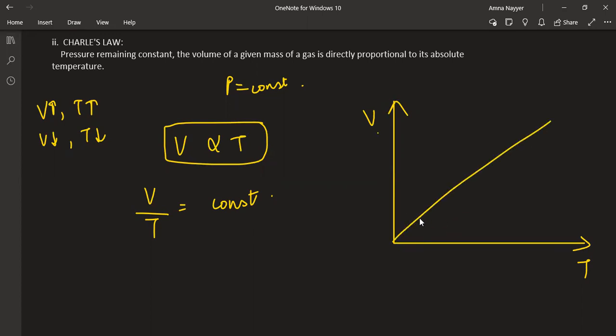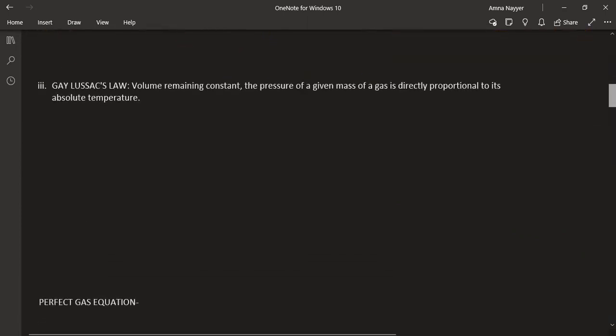Because now see, you're increasing volume, let's say at this point, temperature is increasing. Take another point, now volume has increased, so here temperature has also increased. So volume and temperature are directly proportional to each other.